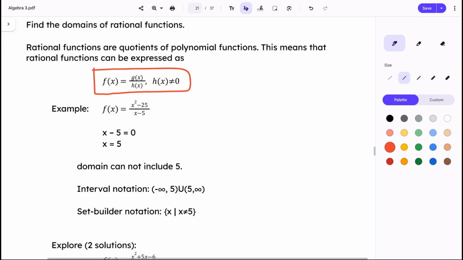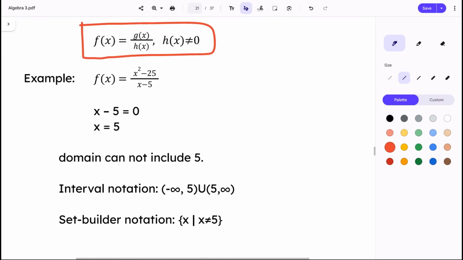They can kind of write those however they want. And so you even see an example right underneath it. It says x squared minus 25 all over x minus 5. That's a rational function. Okay, it's a fraction, and both parts of the fraction are made up of polynomials. They have x's and numbers and plus and minus signs. Like we talked about on our bell ringer today, I would first kind of zone in on the bottom half, that x minus 5, because this is where my domain is going to be affected.